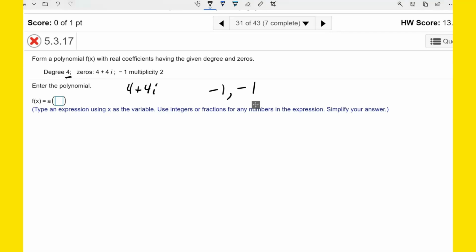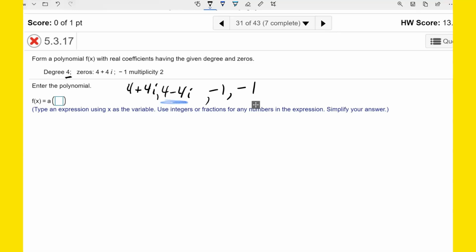That's only 3 zeros. So what's the fourth one? Well, it's like what we just said. These complex zeros always come in conjugate pairs. So if 4 plus 4i is a zero, then 4 minus 4i would also have to be one of the zeros. So that one has to be understood to be one of the zeros as well.